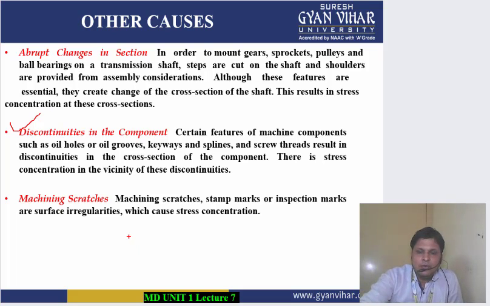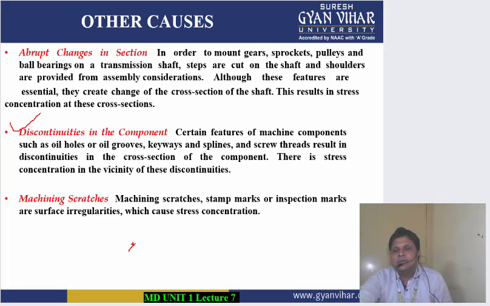There might be some oil holes, like in the case of large bearings, in which it is needed to have oil holes so that you can pour oil through that particular groove or hole. Similarly, for fixing any rotating element to the shaft, you have to make a keyway on it.